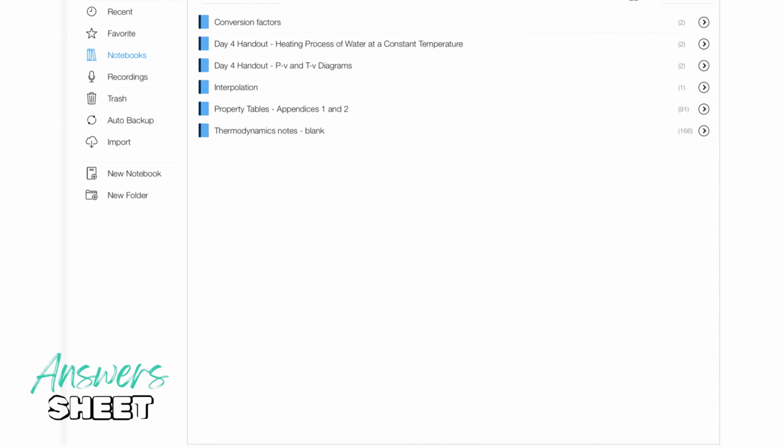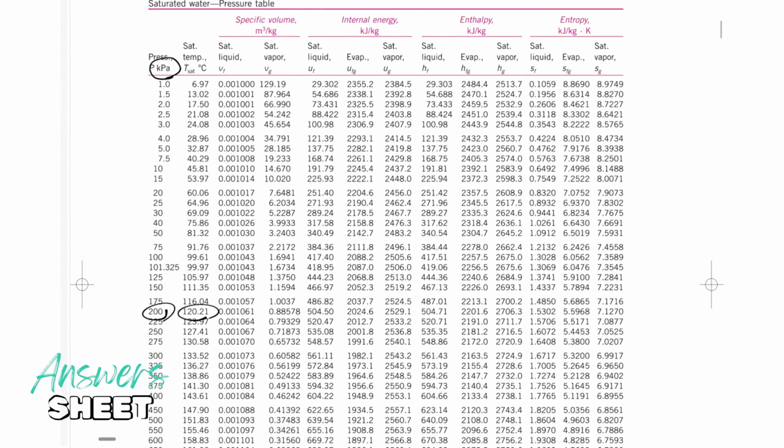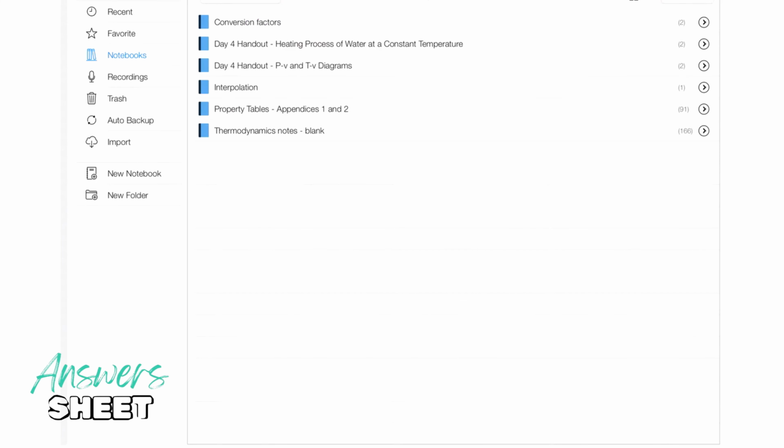So go to the property tables for 200 for U. Make sure I'm looking at the right one. That's the UF. That's the UFG. So I'm going to take 504.5 plus 0.6 times 2024.6.